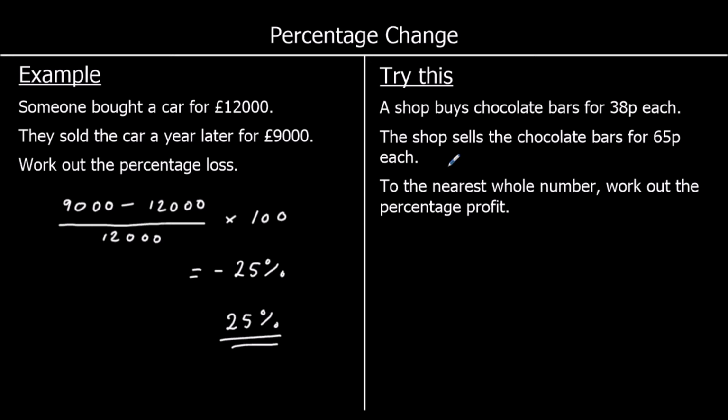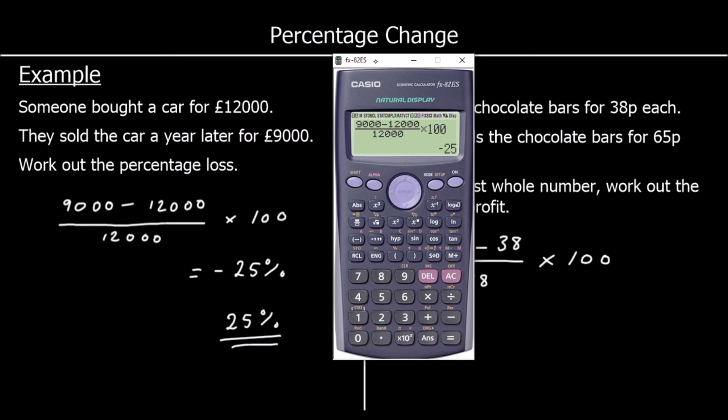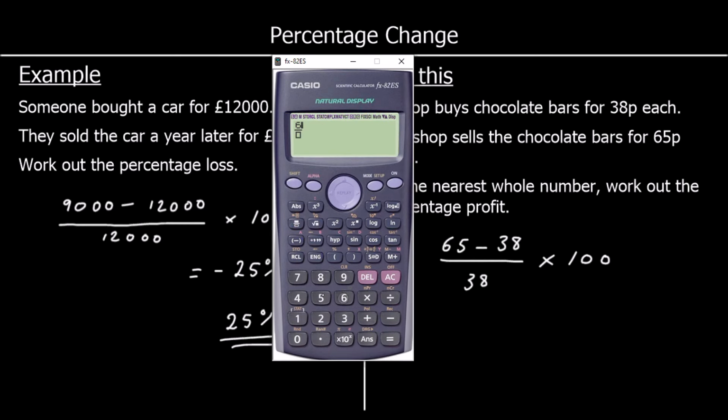So the new is 65. Take away the original, which is 38, over the original, which is 38, times 100. And we're going to type it into the calculator. 65 minus 38 over 38 times 100.